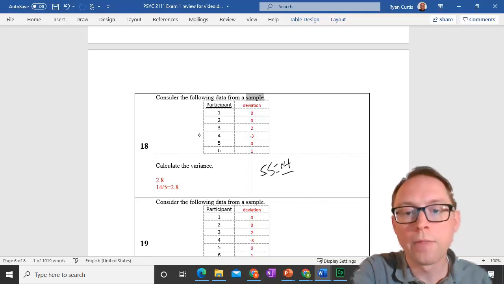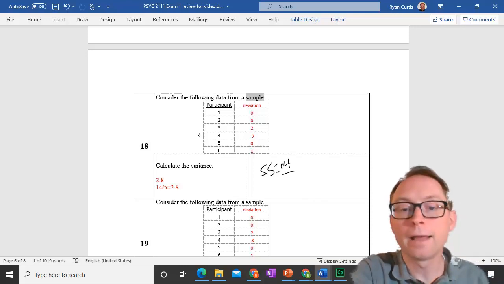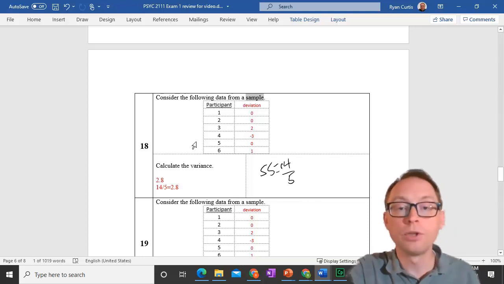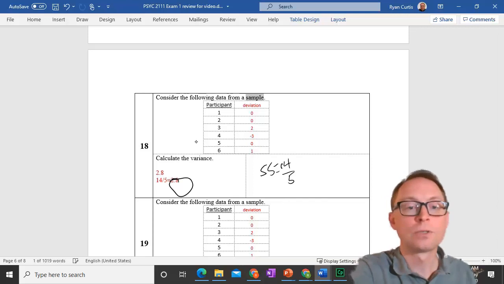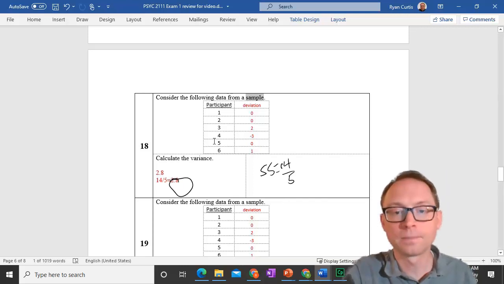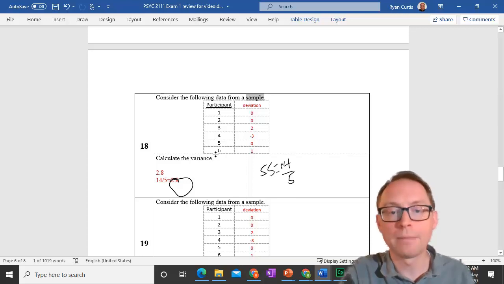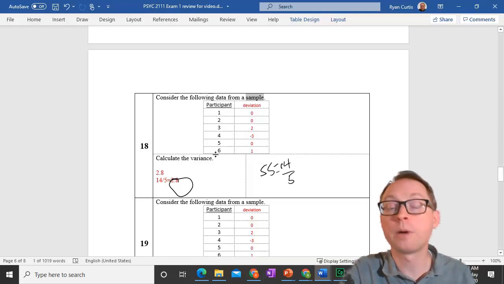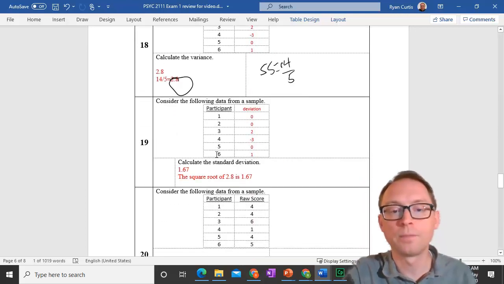And then you divide it by n minus 1, because for a sample, you divide by n minus 1. N is 6, so n minus 1 is 5. When you divide 14 by 5, you get 2.8. So the variance is 2.8, because you take the sum of squares and divide it by n minus 1 for a sample. If it was a population, we would do n. But it's a sample, so we do n minus 1.